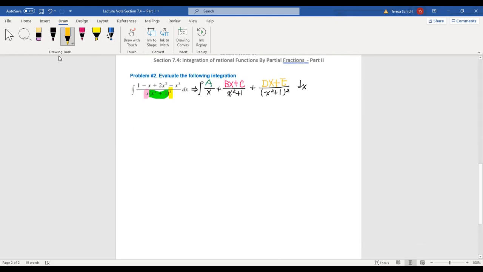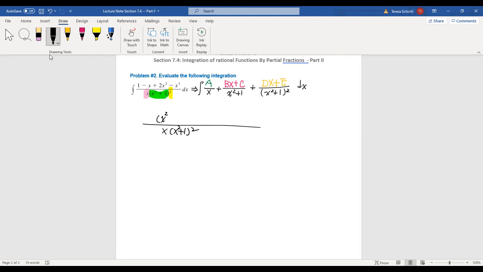So now we do the same thing. We find a common denominator here. So the common denominator will be x times x squared plus 1, then x squared plus 1 to the square. Okay, so now the x term is missing x squared plus 1 to the square, because that's what was here.